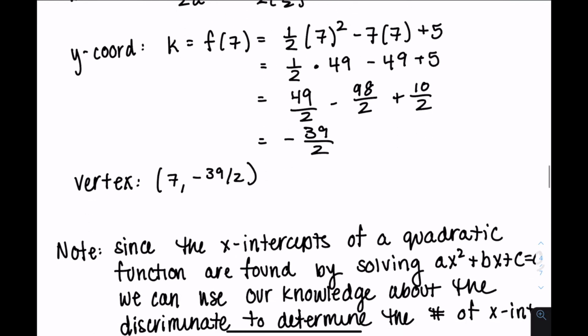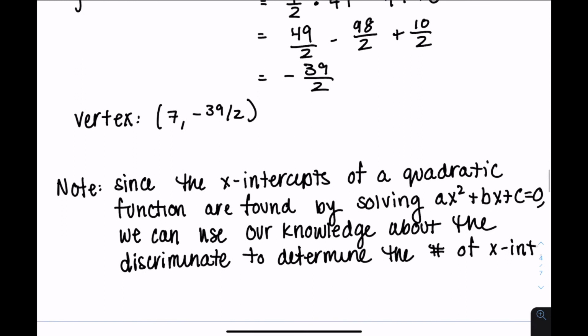Okay. Now relating this to what we've actually done before, we spent a lot of time solving quadratic equations. Really, when you're finding the x-intercept of a quadratic function, you're setting that function equal to 0. So you end up solving ax squared plus bx plus c equals 0 to find these x-intercepts. Because of that, we can use our knowledge about the discriminant to determine the number of intercepts.